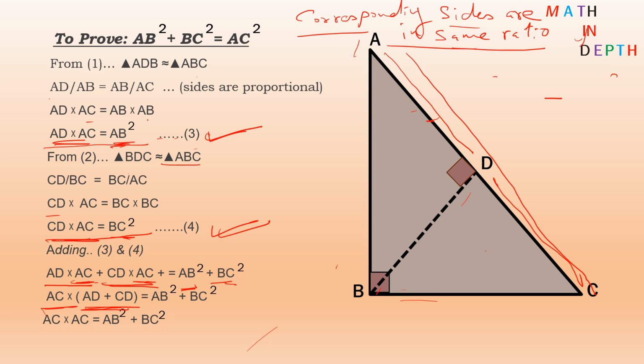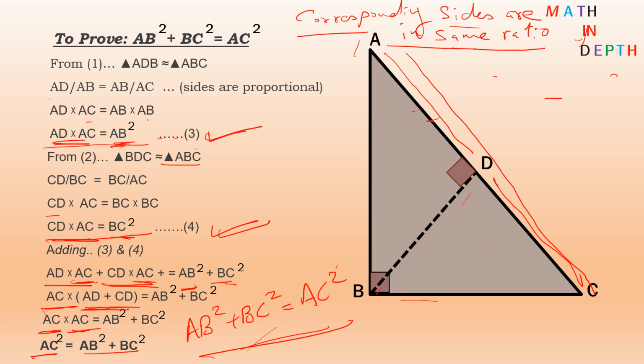Now here we have AC, and after adding, this also became AC. So AC into AC becomes AC square. AC square is equal to AB square plus BC square. It means we have proved here that AB square plus BC square is equal to AC square.